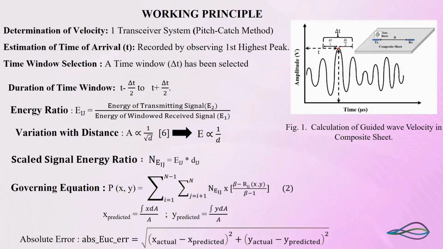This is the working principle that we are proposing. First, we determine the velocity of the ultrasonic wave in any kind of material using one transceiver system with the pitch-catch method. We place one transmitter and one receiver at a fixed distance, and we transmit an ultrasonic tone burst of a fixed frequency, a fixed number of cycles, and fixed amplitude through the transmitter.